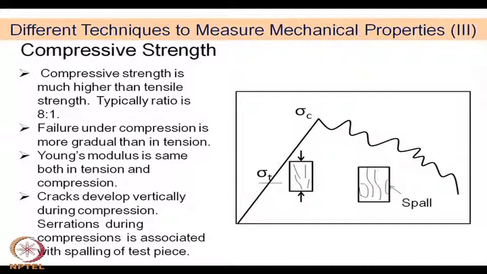So, most of the time for ceramics it is the compressive strength which is reported, and the measurement is also relatively easy, because for tensile specimens you need a complicated shape of the specimen, and that kind of complicated shape is difficult to make with hard and strong ceramic materials. So, it is much easier to make compressive measurements in the form of cylindrical samples, and it also gives a much better representative strength.